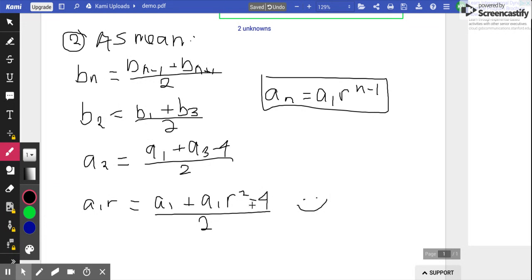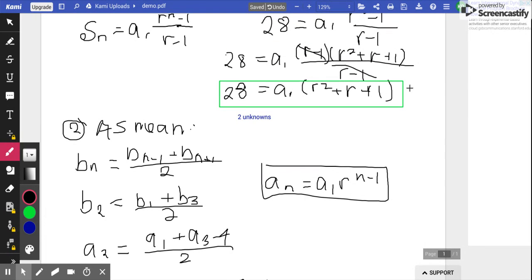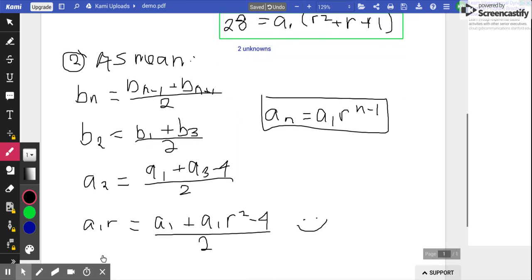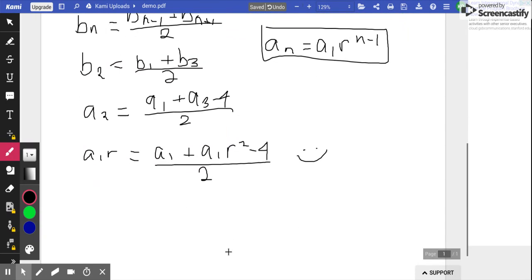We're happy from here. So let me put a smiley face because this is good. Now we probably need to rearrange it. If we have the other equation in a similar form, with a number on the left and all your a1s and r's on the right, we would be able to divide the two equations together like we've done before. So here I'm going to have 2a1r equals a1r squared minus 4.